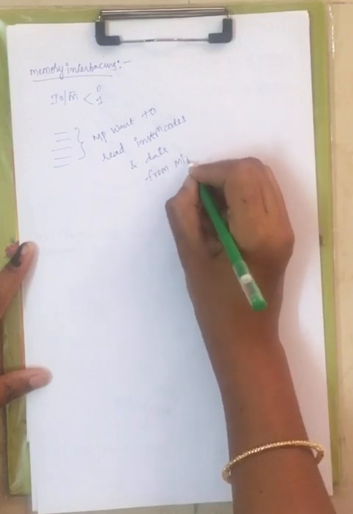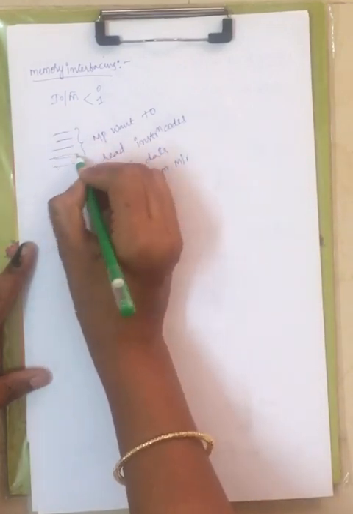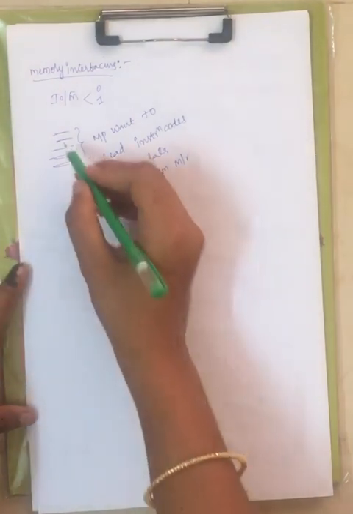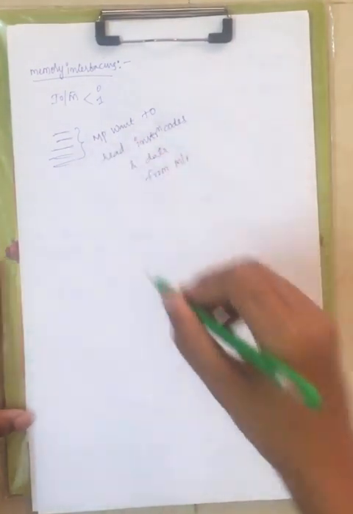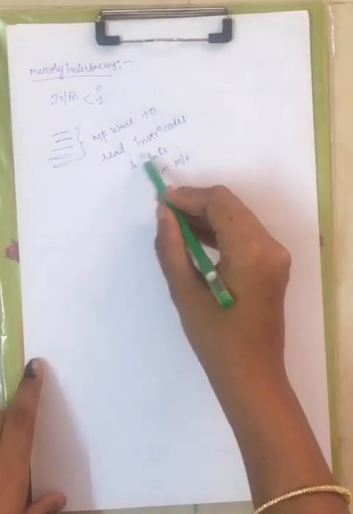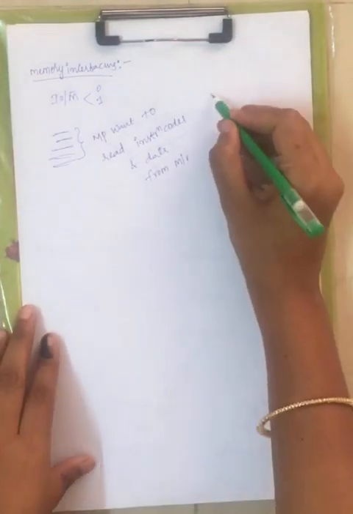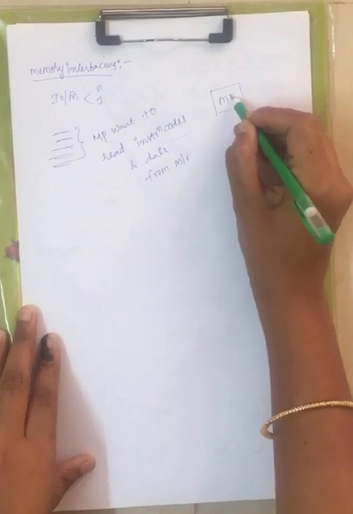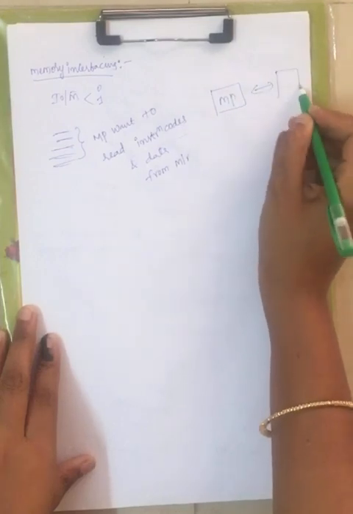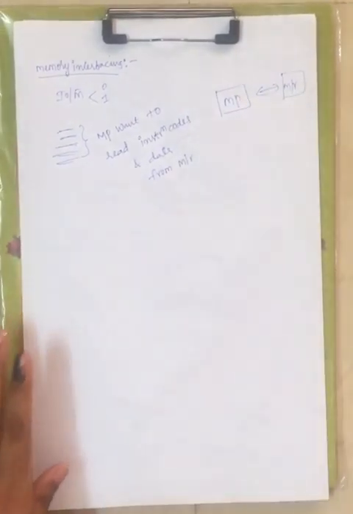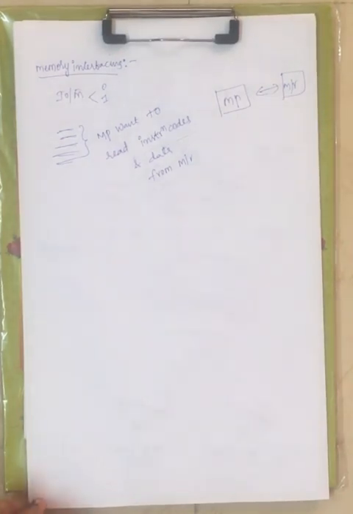These are the assembly language instructions I have written. While executing them, there is a need for the microprocessor to read instruction codes and data from the memory. For this purpose, we will interface your microprocessor with the memory. This is the basic reason.